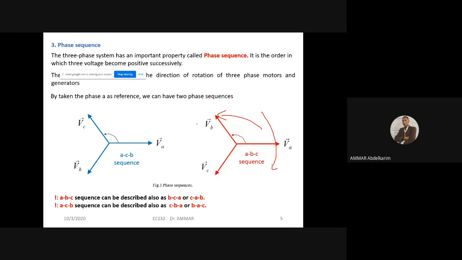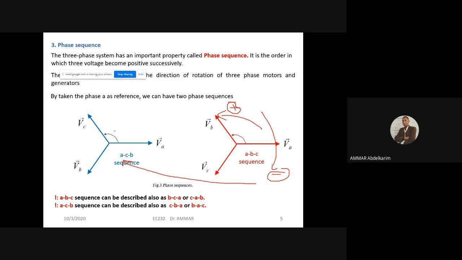So let's take the first phase sequence as the positive direction. The first one is ABC. Also, it can be taken as BCA, and it can be taken as CAB. While the other sequence, which appears here, is ACB.